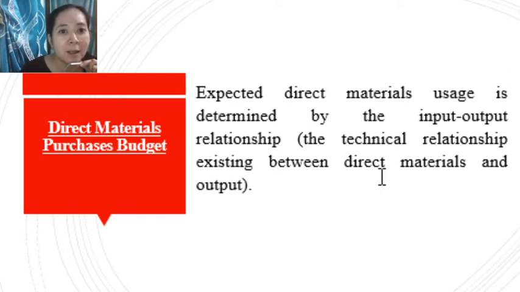Remember that direct materials cost is considered a variable cost, meaning it follows the same behavior as the number of units to be produced. That's why there is what we call the technical relationship between direct materials and the output.